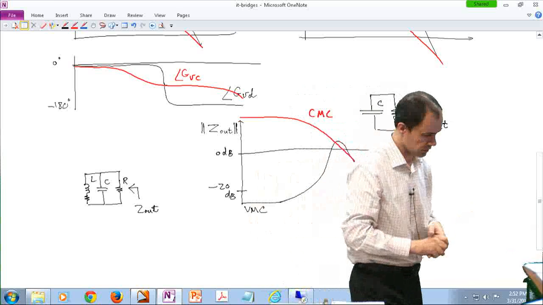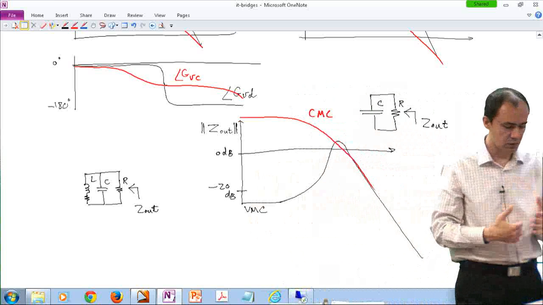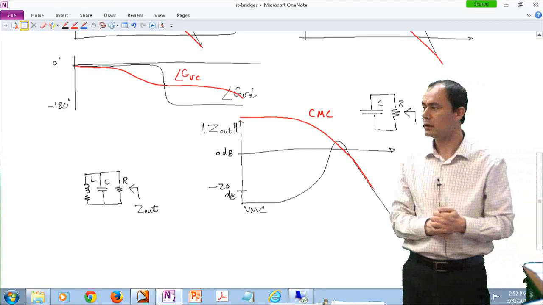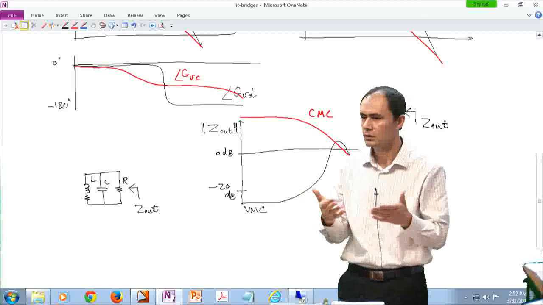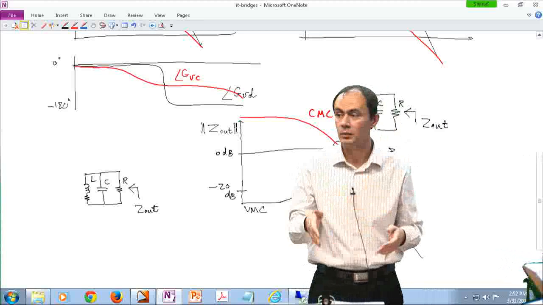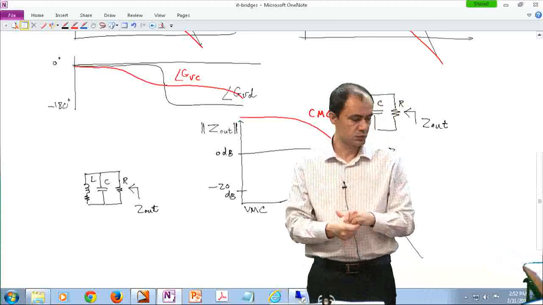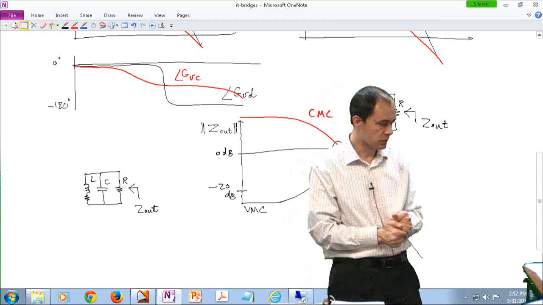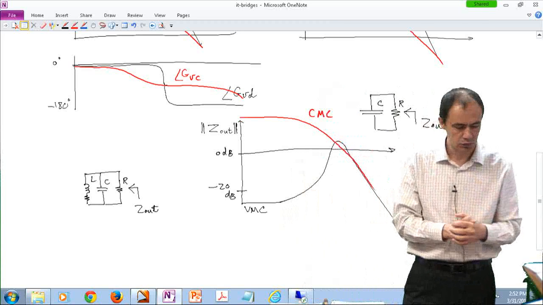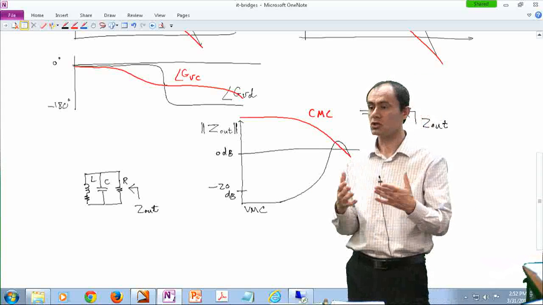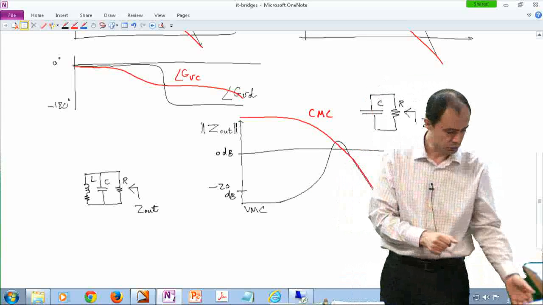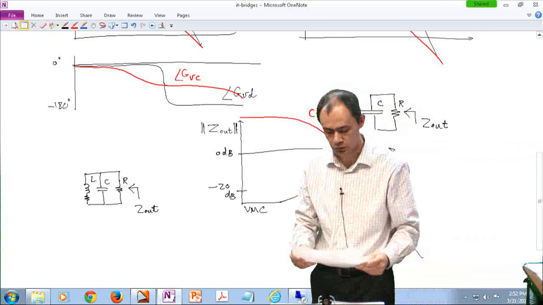An output load is not necessarily small, therefore we have a large output impedance. Then at high frequencies, the capacitor is the most dominating term, and it becomes close to what we have for voltage mode control anyway. So this is a bad thing for current mode control: the output impedance, at least for the buck converter, is larger than under voltage mode control.